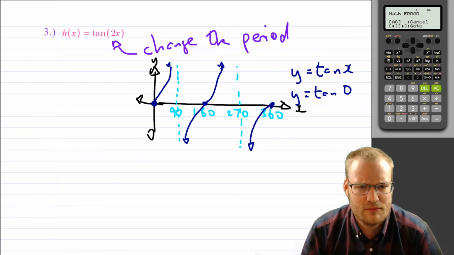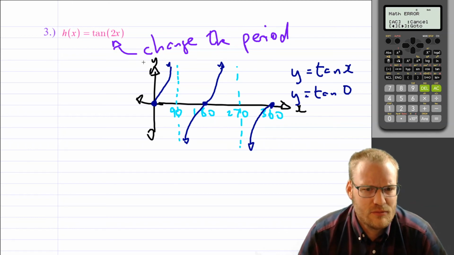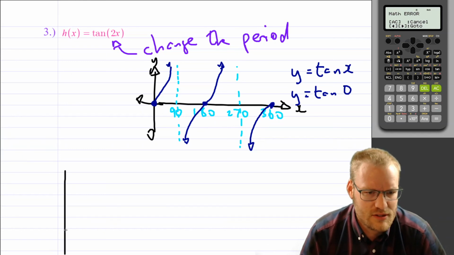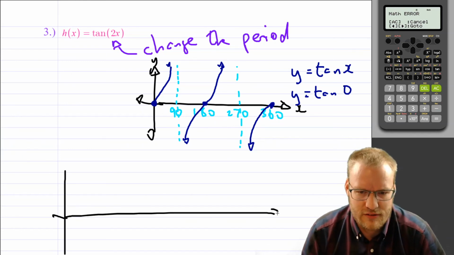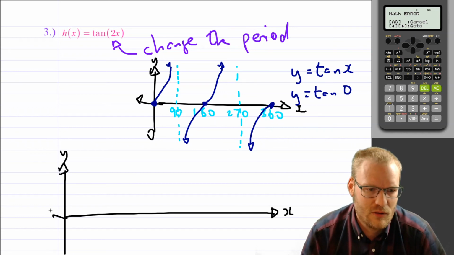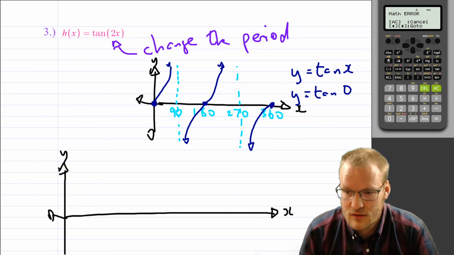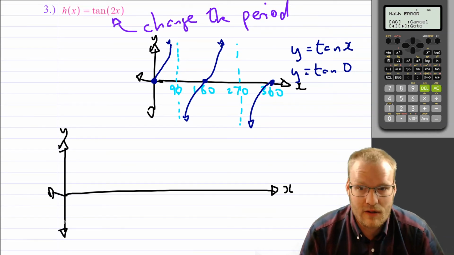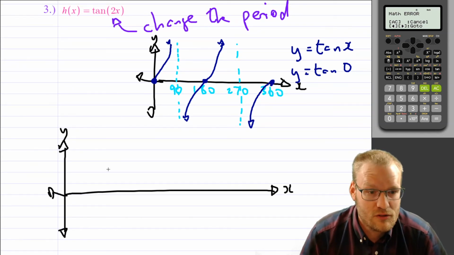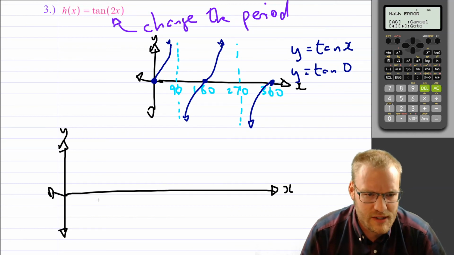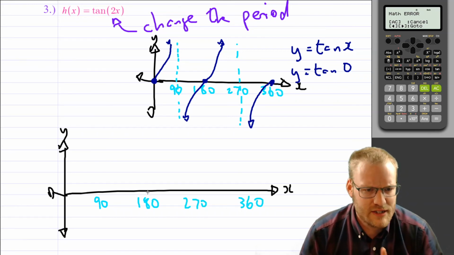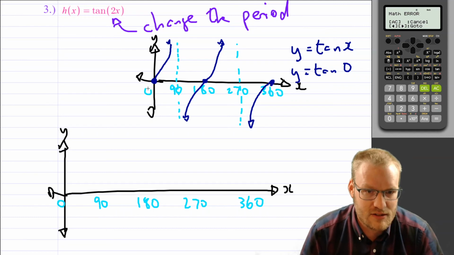Okay, so for this one, changing the period. Well, let's put in some interesting values here. I'm going to have our graph ready to sketch our final version, x, y, and we said that we had interesting points at 90, 180, 270, 360. So let's see what happens now, and obviously at 0.